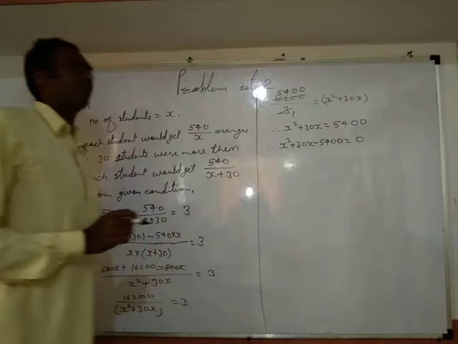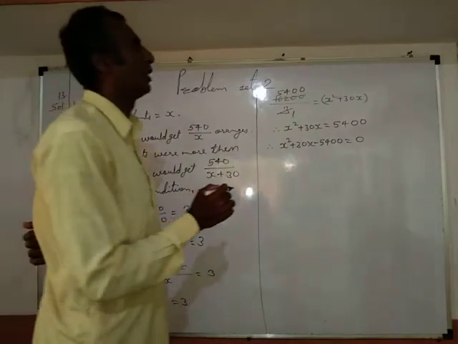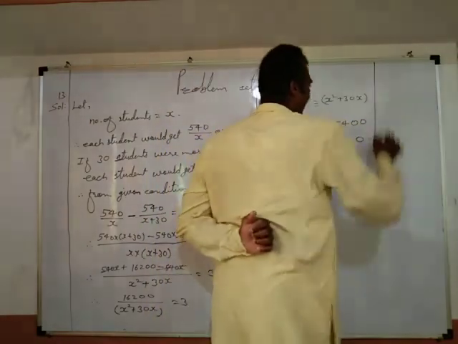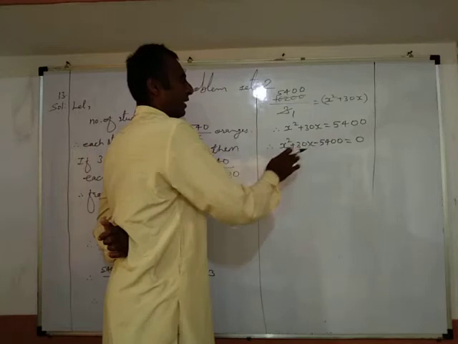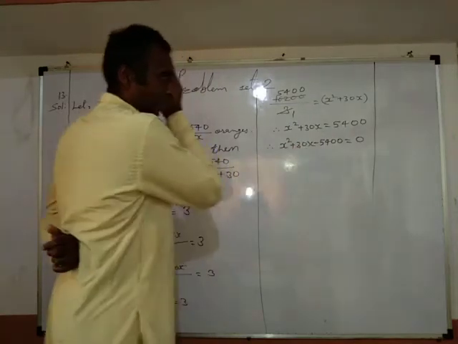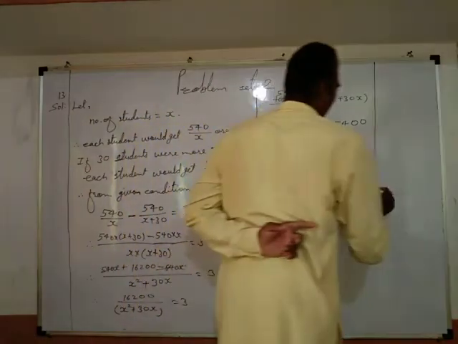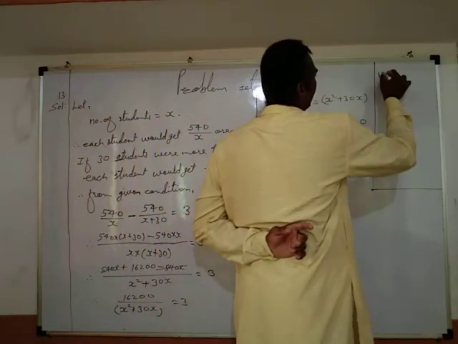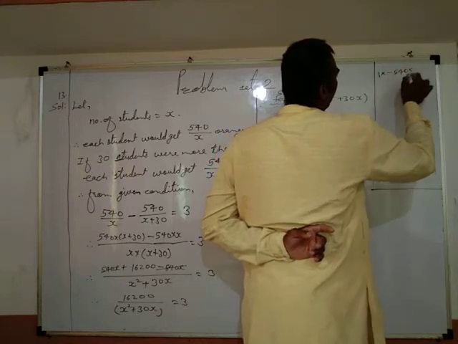Now it is in general form: ax square plus bx plus c equal to 0. Let's factorize the product of a into c in such a way that their addition will be plus 30. And a is 1, c is minus 5400.